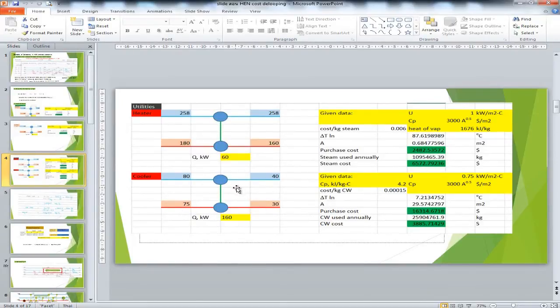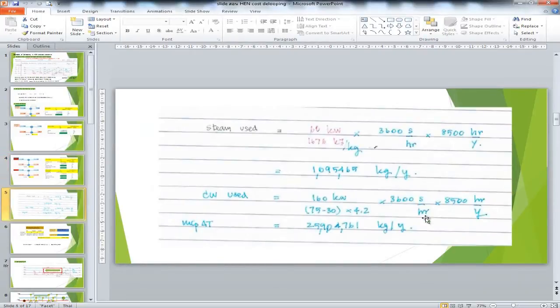How about the cooling system? In this cooling system, the way to calculate the water used is based on m Cp delta T. So what I get is m dot, which would be equal to the heat load divided by the temperature change from 30 up to less than 80 degrees Celsius, or what I use here is 75 degrees Celsius, and then divided by the Cp.